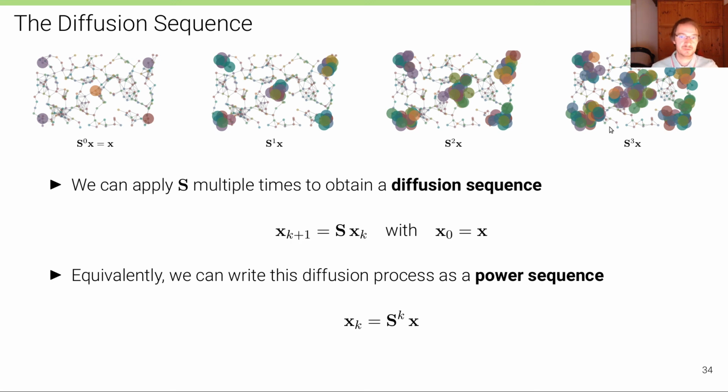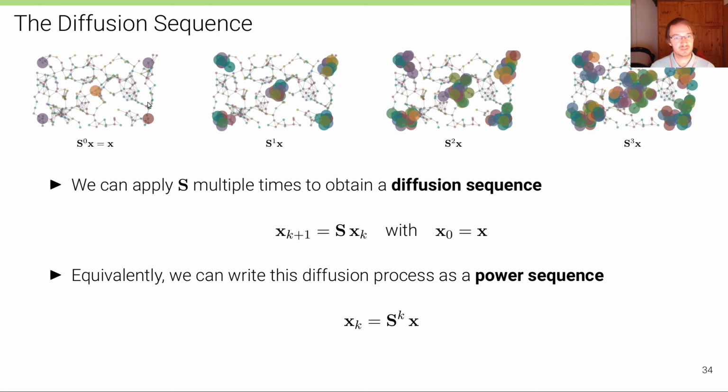We have an example of this process here on the top where we see a little bit more complicated graph than we had before. We have a graph signal here indicated in colors, and the size of the circle indicates the signal strength that's present at a particular node. This is the input signal. Now if we apply S to the power of 0, we get the input signal again.